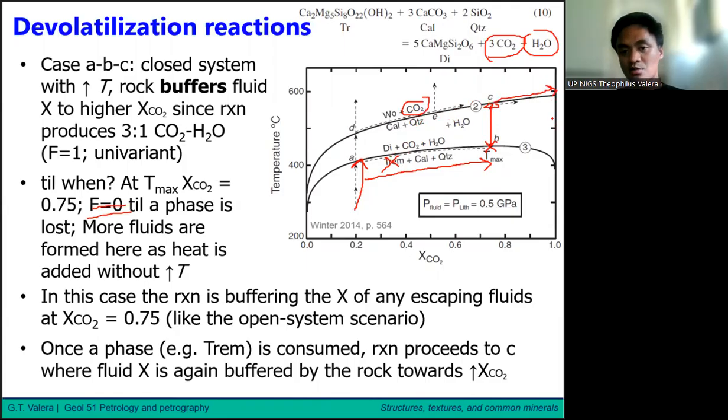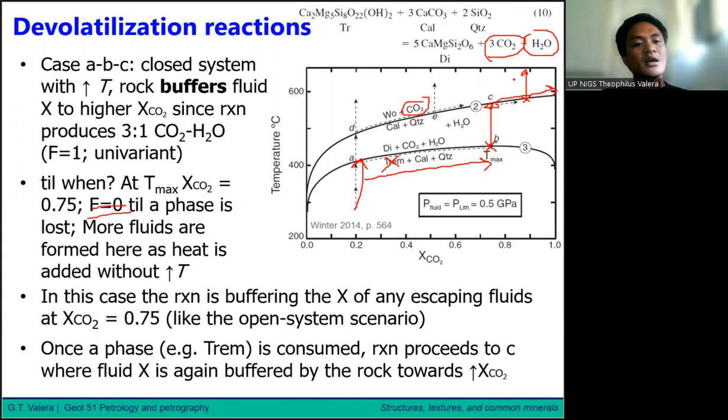Or, that is kung mag-complete yung reaction. Of course, if maubos na yung calcite natin dito pa lang, or yung quartz natin, you have another degree of freedom and the rising temperature pushes it upwards ulit.